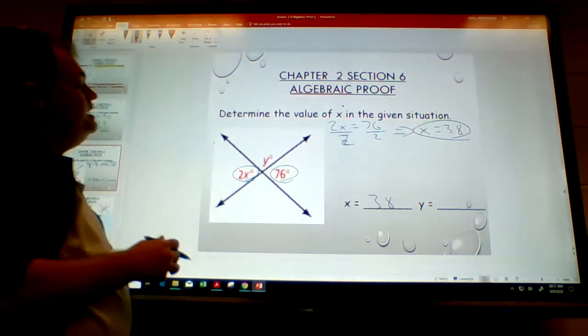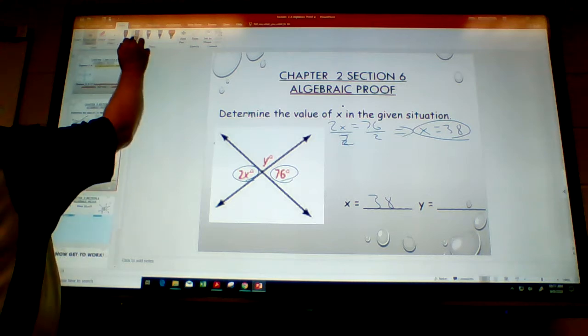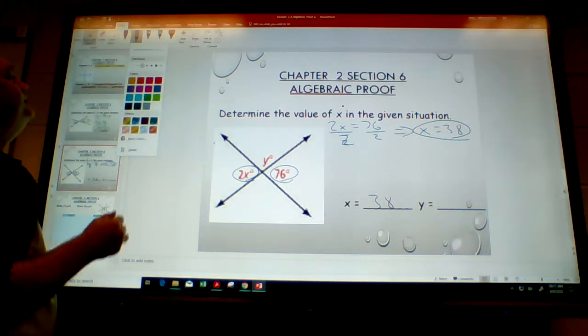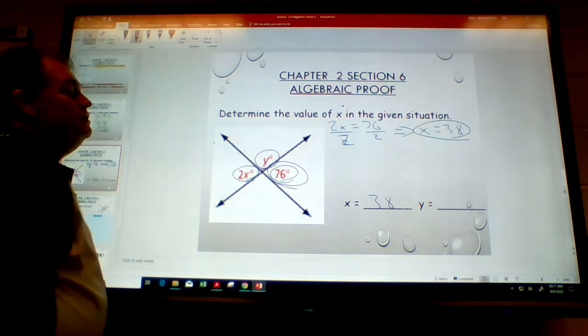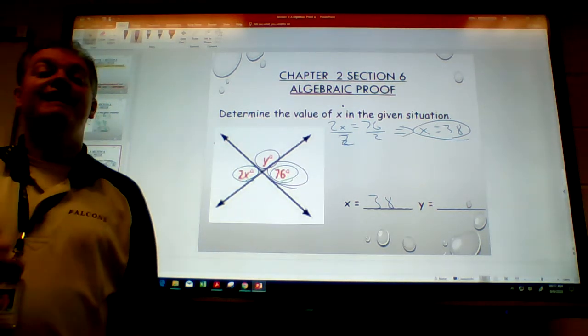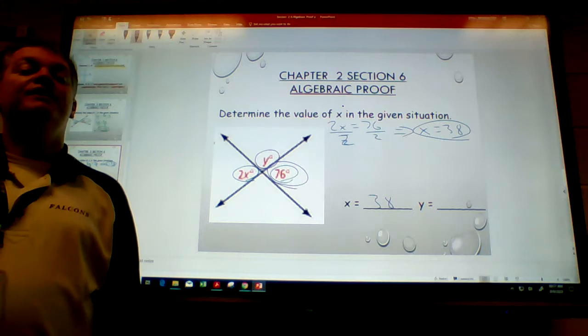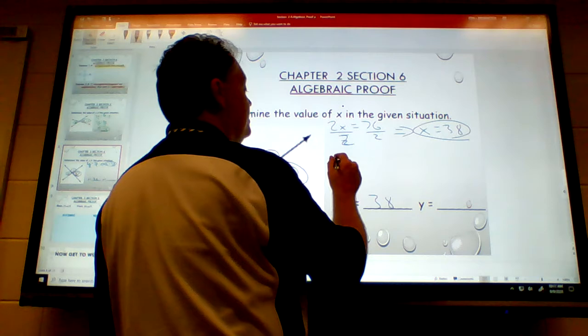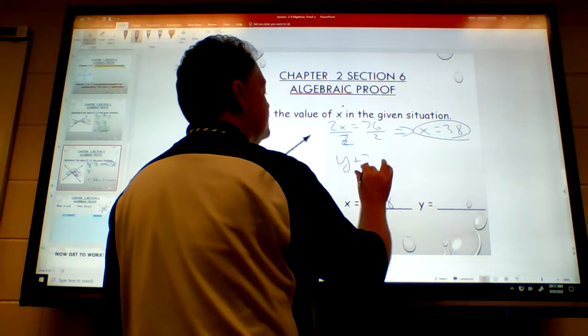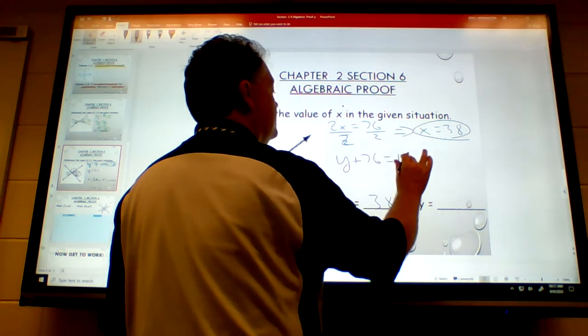All right. Now, y is just a bit different. Notice I'm using the same angle for the reference. They have different relationships, but they're the same. So I got y plus 76. They're supplementary. Y plus 76 equals 180.